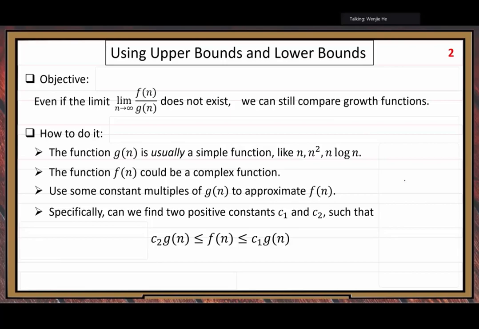That means we use the C2 multiple of the g function as the lower bound of the f function, and the C1 multiple of the g function as the upper bound of the f function. If you can find these two positive constants, then you can make your conclusion.